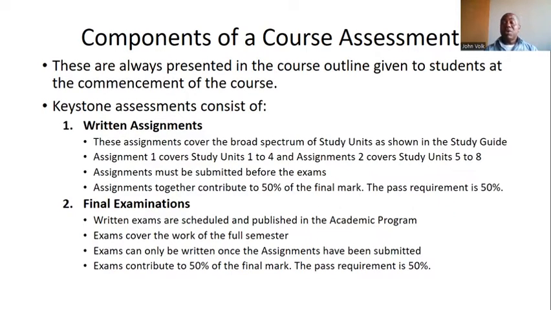Okay, now you can only write the final examinations if you have met the criteria for the written assignments, which means you must write 2 assignments and you must get at least 50% of the marks allocated to the written assignments. Now the final examination contributes again 50% of the final marks. So when you add the written assignments and the final examinations, each is 50-50, so the total is 100%.